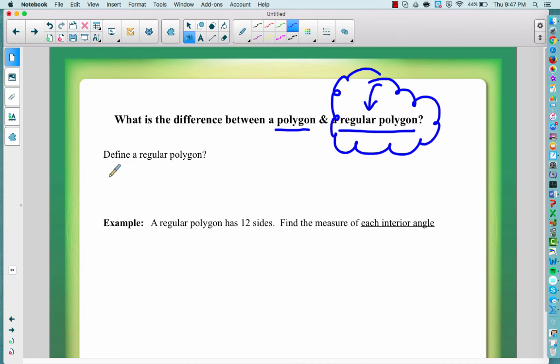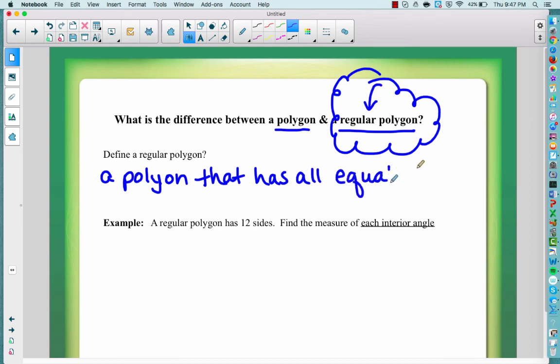A regular polygon is a polygon, but it's still a polygon, that has all equal sides and all equal angles. It has all equal sides and all equal angles.